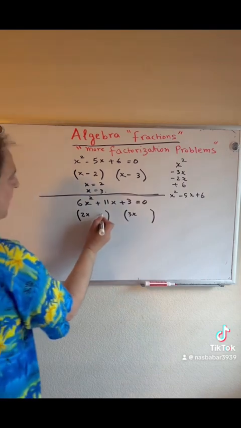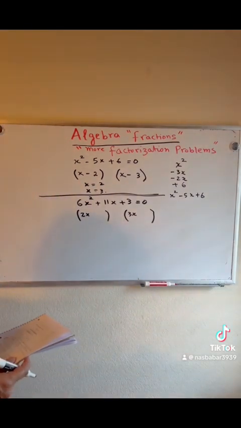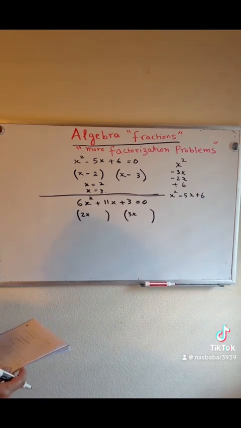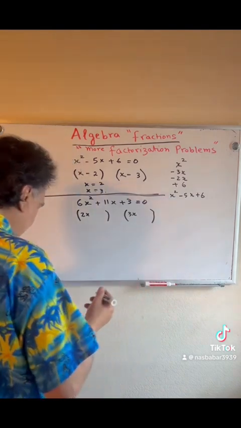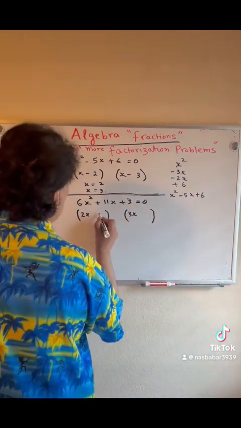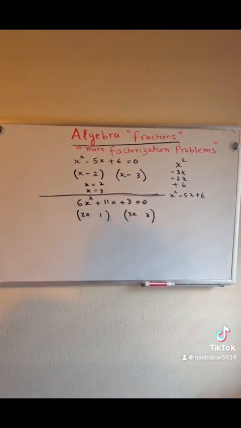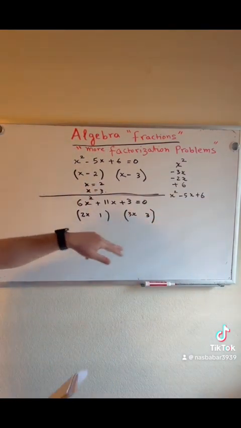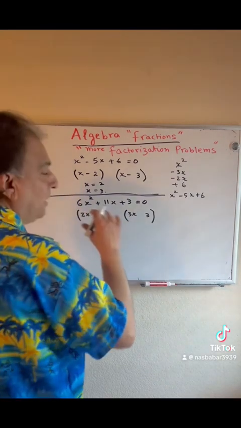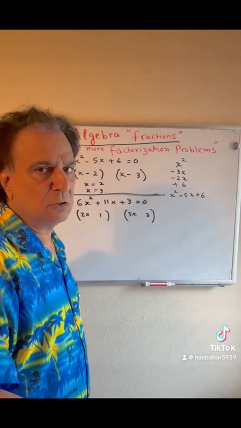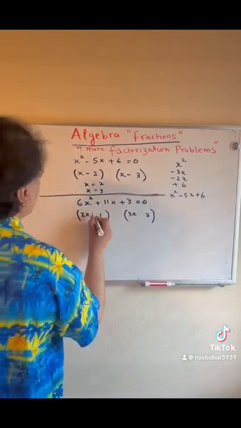Now over here and over here, I have to find something which will give me 3. How would I do that? Arbitrarily, I choose 1 over here and 3 over here. Now we have to find out what signs should go in there. Based on my experience, you will be able to figure it out, but I'll go ahead and put plus here.